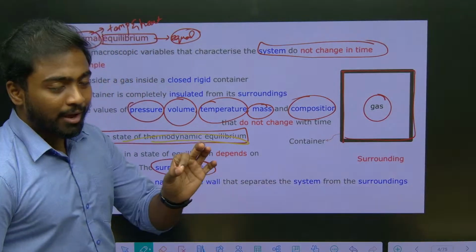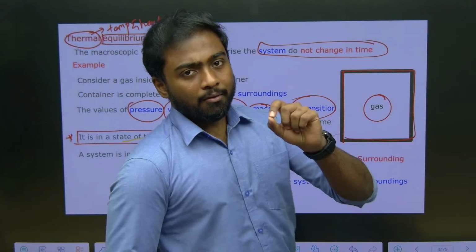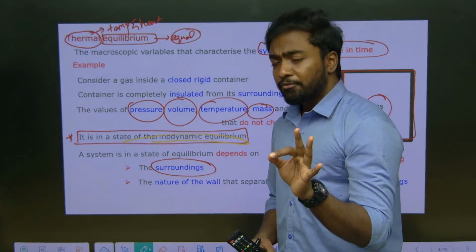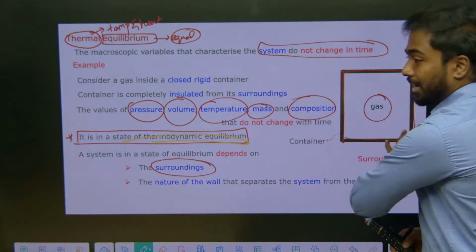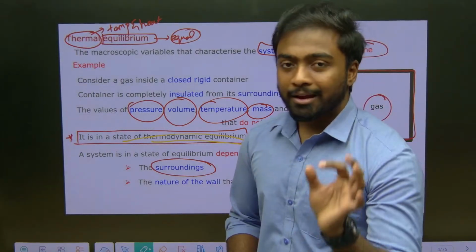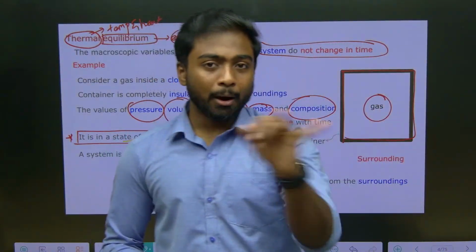That's why I have said we need to be clear about the system, surrounding and boundaries. If a system is not changing with respect to time, it depends on the surrounding and the boundary.